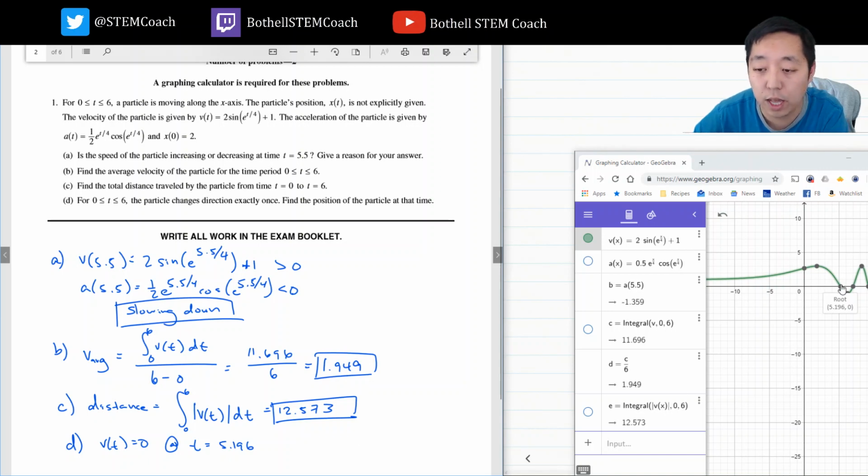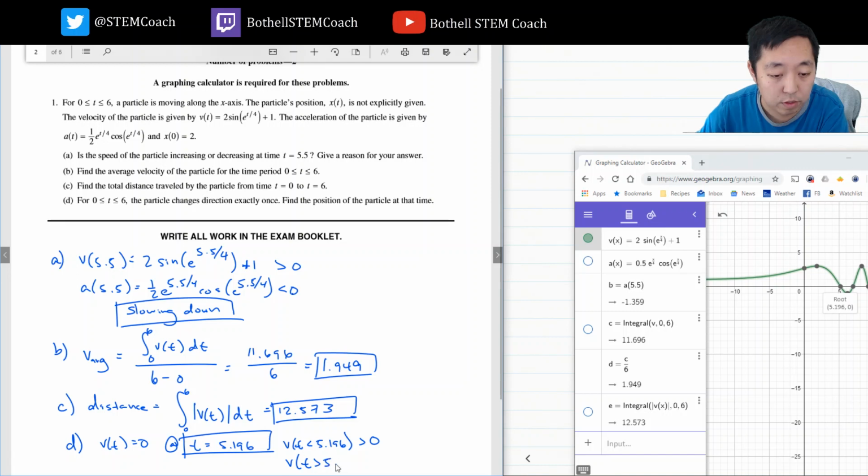The velocity goes from positive, above the x-axis, to negative, below the x-axis. That means he goes from moving right to moving left, so he changed direction there. For t less than 5.196, v(t) is greater than 0, and after it is less than 0. So the velocity changes signs. That's our justification.